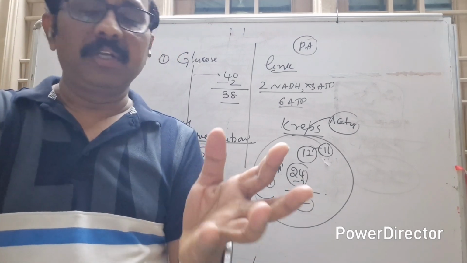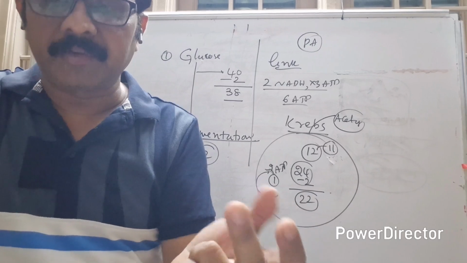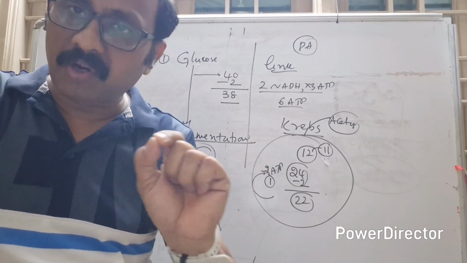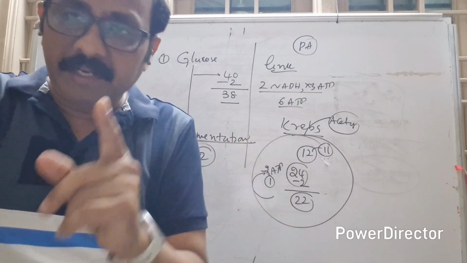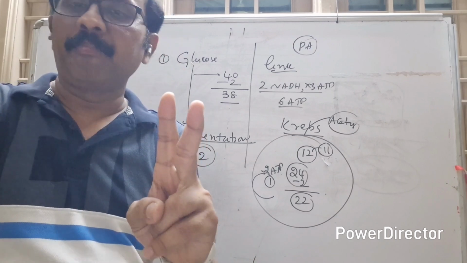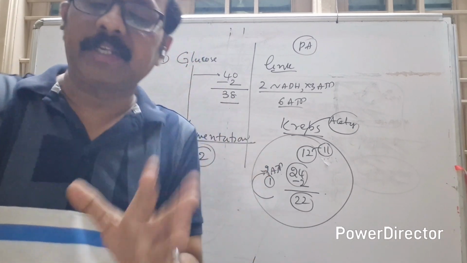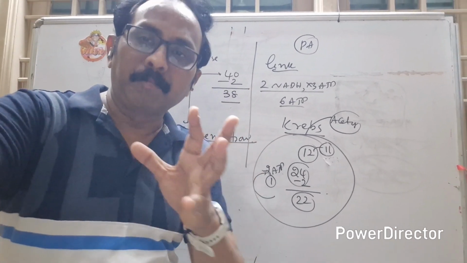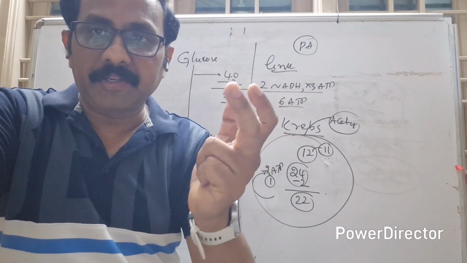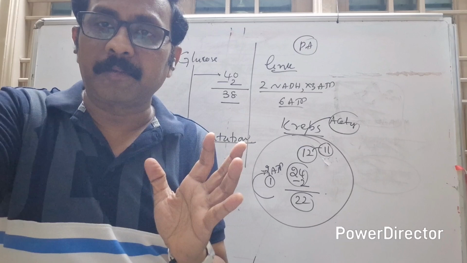And in respiration, you can remember SLP reactions and decarboxylation reactions. Students, in glycolysis neither CO2 nor oxygen is released. In the link reaction, one step releases CO2. In the Krebs cycle, 2 steps release CO2. And the total number of oxidations in complete aerobic respiration: glycolysis 1, link reaction 1, and Krebs cycle 4, totally 6 oxidations take place.